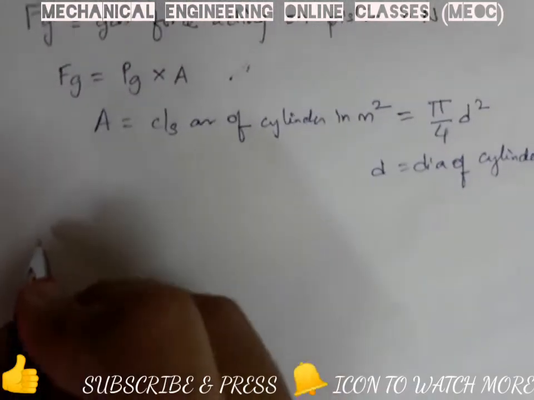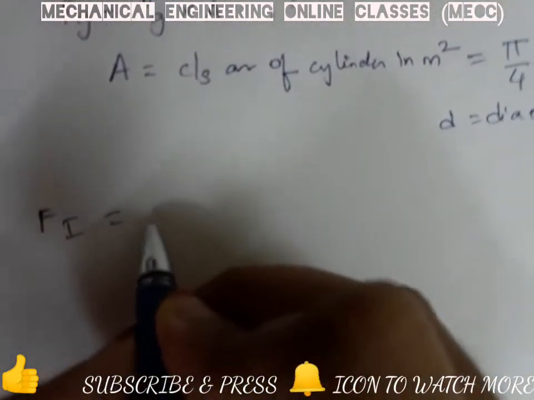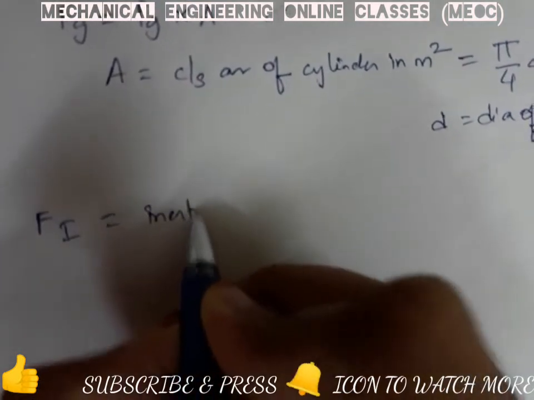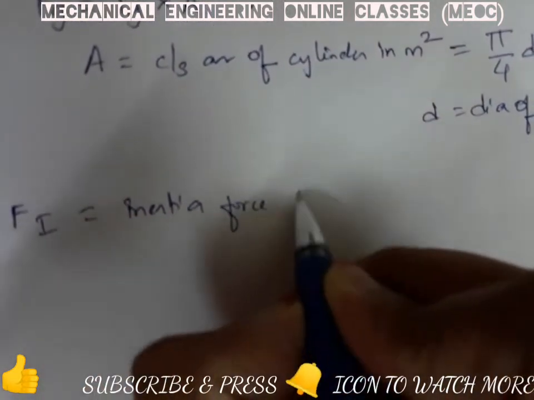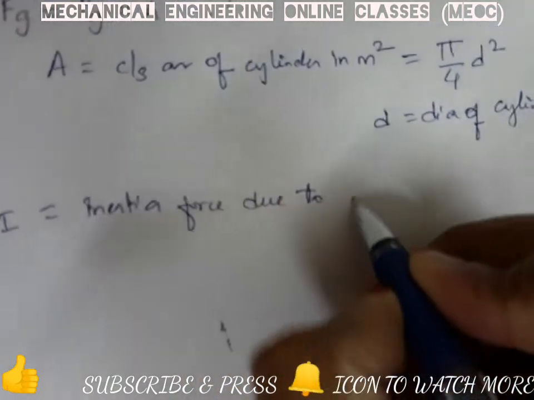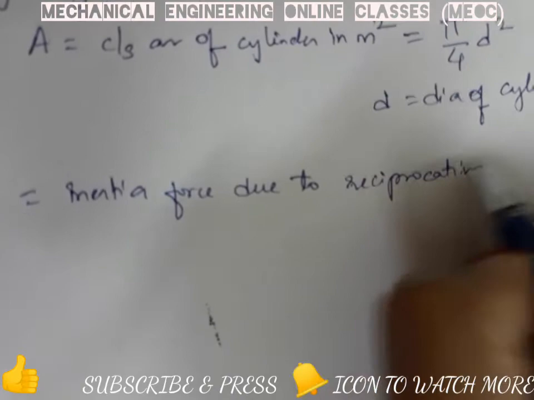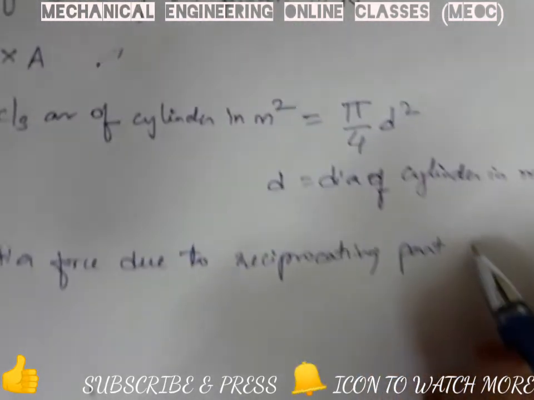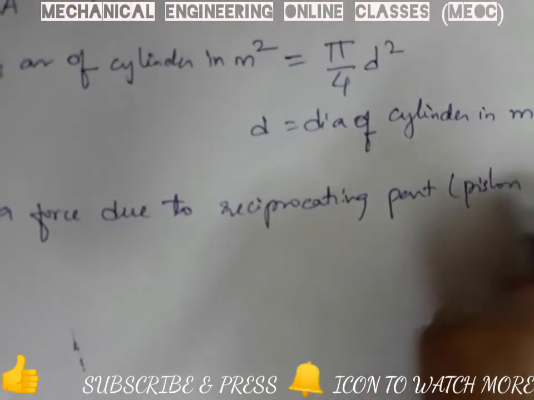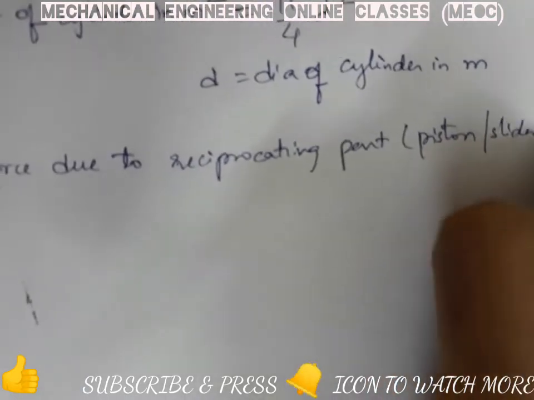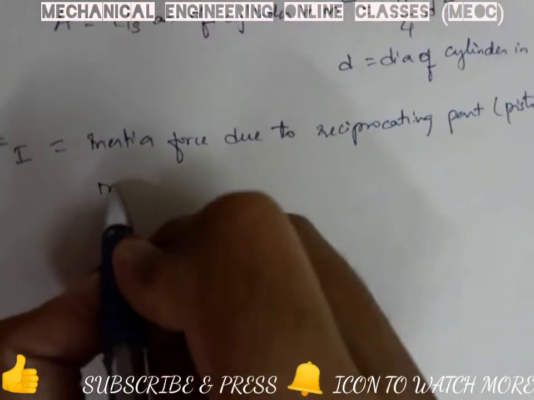And let Fi be the inertia force due to the reciprocating part. Here the reciprocating part is piston or slider. So this is taken in newtons.